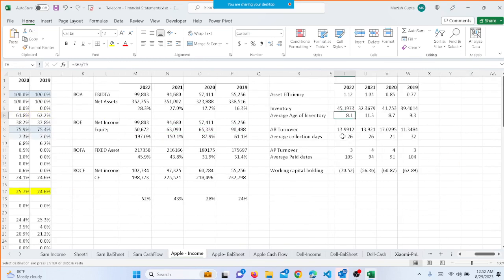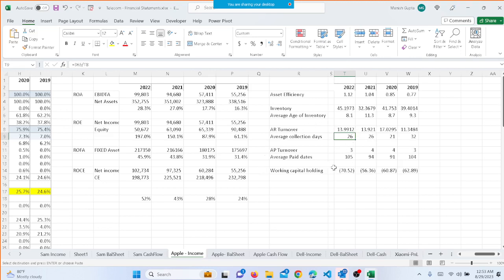And the average collection days is 26 days. So the moment it purchases, say, an Apple iPhone, it's able to realize the cash within 35 days: 8 days to sell, 26 days to collect. So total 35 days maximum.